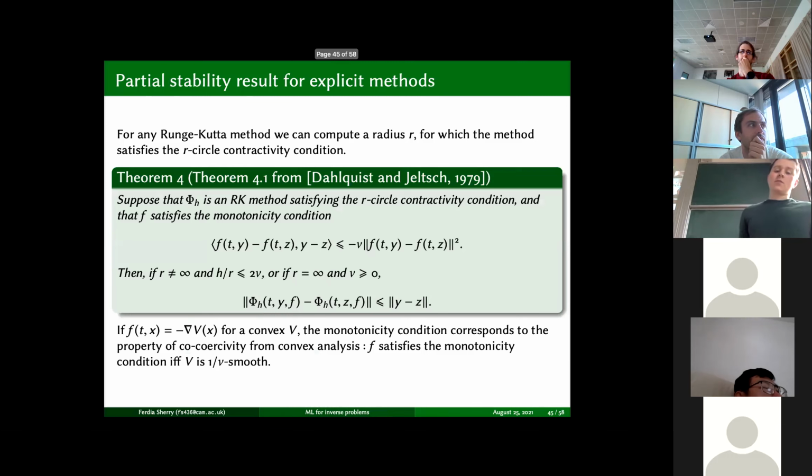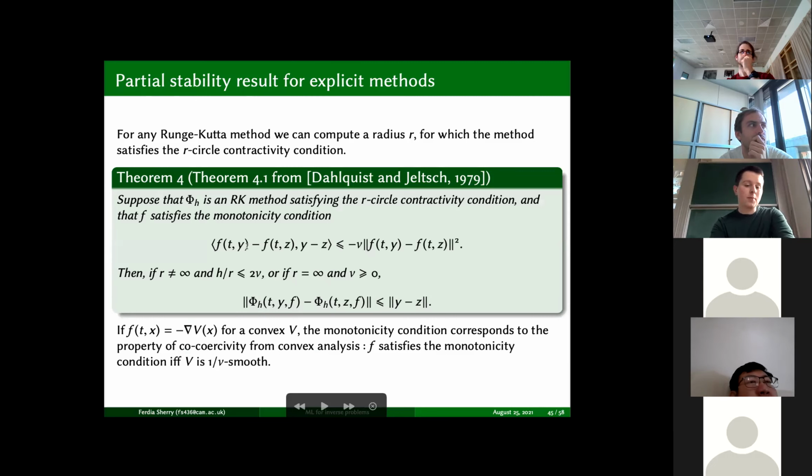Luckily, in practice, there's a partial alternative, and that's you can replace the condition on the vector field by this monotonicity condition, sometimes called a one-sided Lipschitz condition.